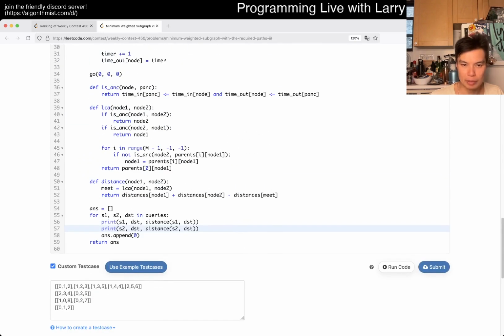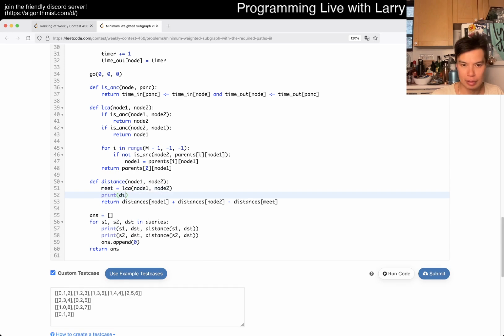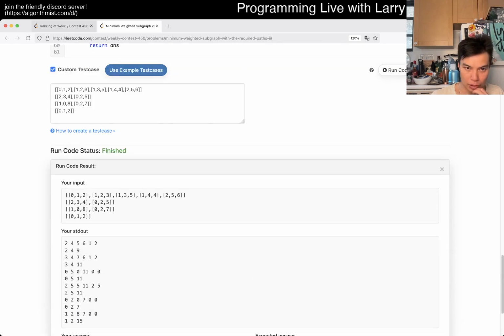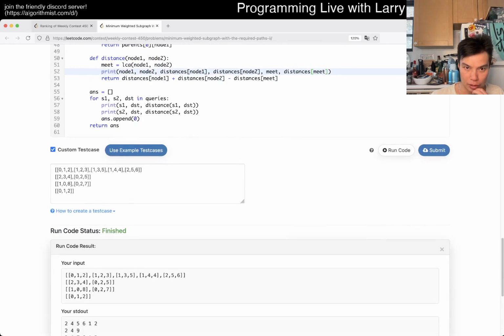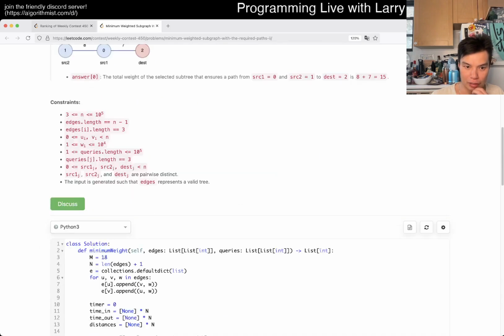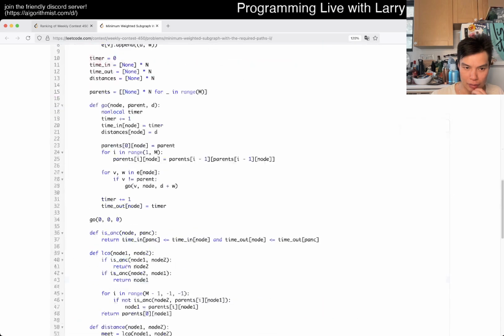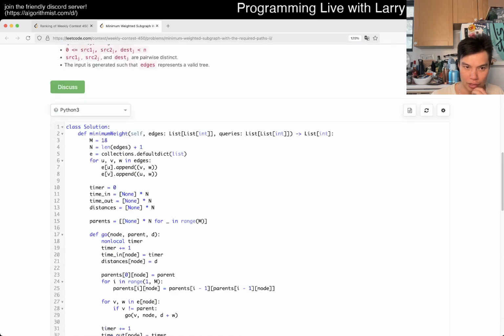Okay, so then here. Okay, so we want to go from 2 to 4. Distance is 5 and 6. Is that right? 5 and 6. That's right. And then meet is going to be, they meet at 1.